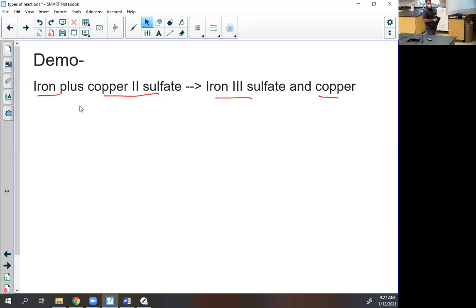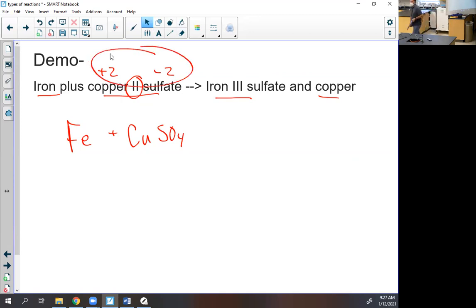So iron is what symbol? Fe, good. Then copper 2 sulfate. Remember, the Roman numeral is the charge of copper. So I have Cu, sulfate. We find that on the naming schemata is SO4, and it has a -2. If the charges are equal, what do you do? Nothing. They cancel each other out.